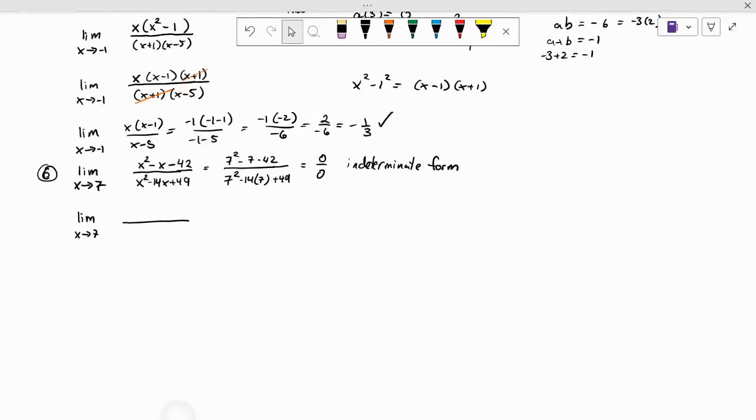All right. So did anybody factor the numerator? Two numbers that multiply to negative 42 but add to give you negative 1. Negative 7 and 6. That works.